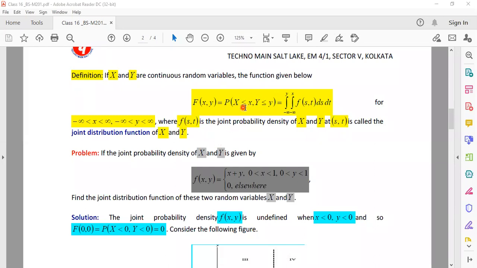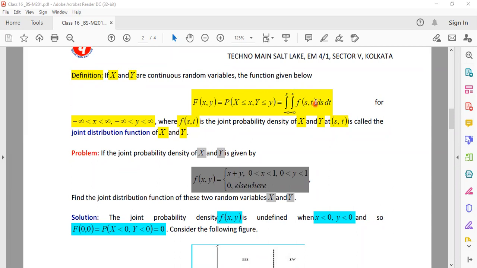And when X is less than or equal to small x, you know that there is no lower bound, so the integration will be from minus infinity to x, and for y there is no lower bound, so we are integrating from minus infinity to y. And why I'm writing it as x and y, because x and y are the upper limits, which can take any value depending upon the situation.